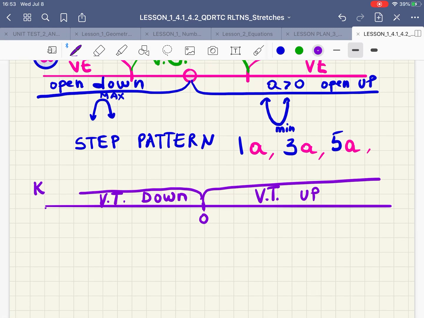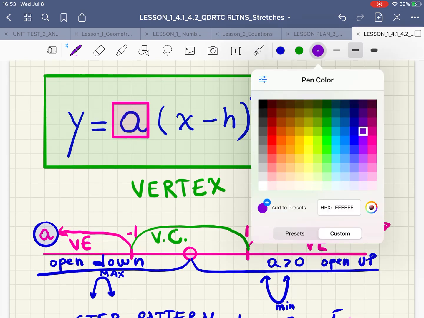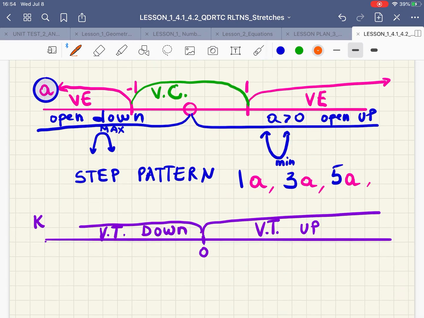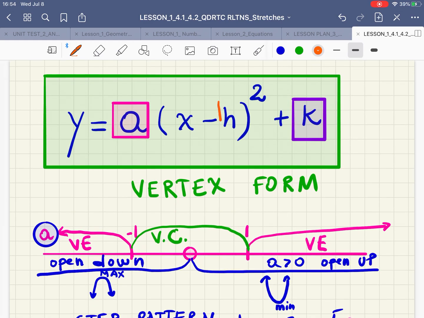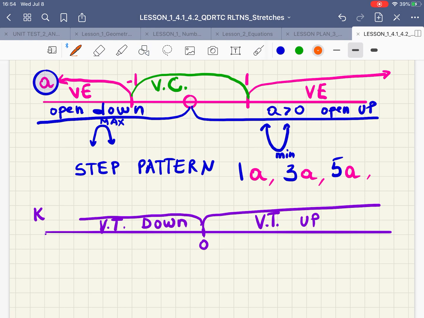Okay? So the last coefficient is the coefficient h. Let's go orange for h. The coefficient h is right here, and it represents the horizontal translation. So h, horizontal, right?